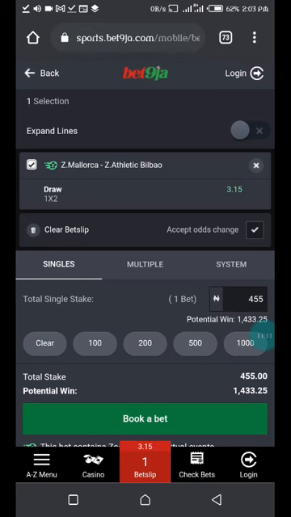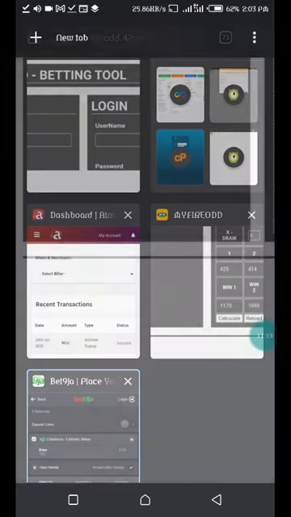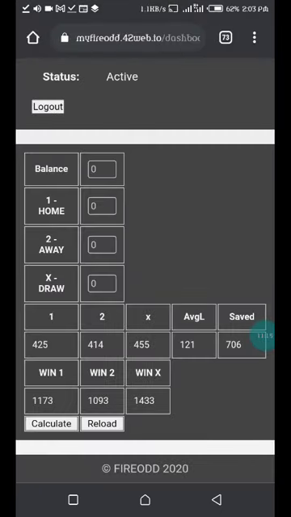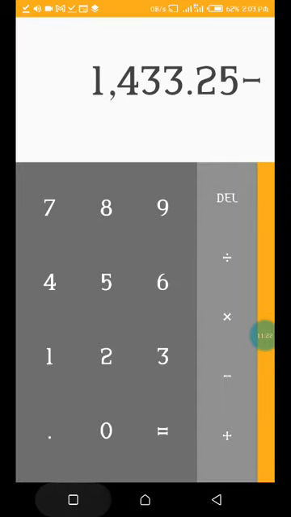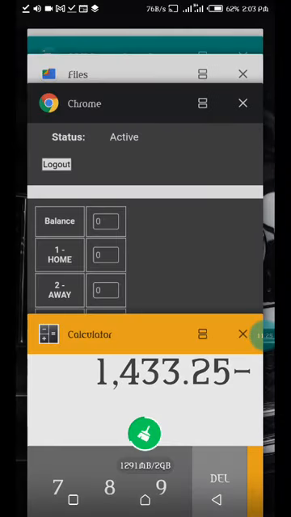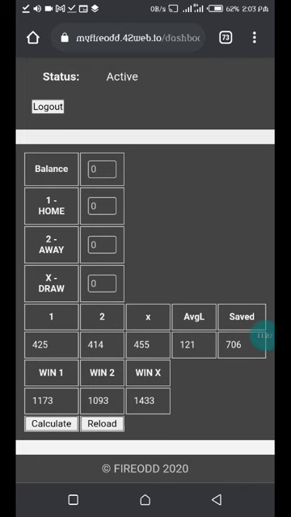Now let's get back to the 0.25. Let's subtract this value from the total value we're going to be risking.